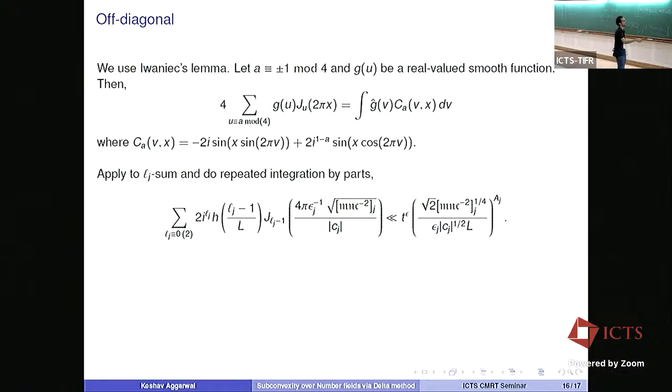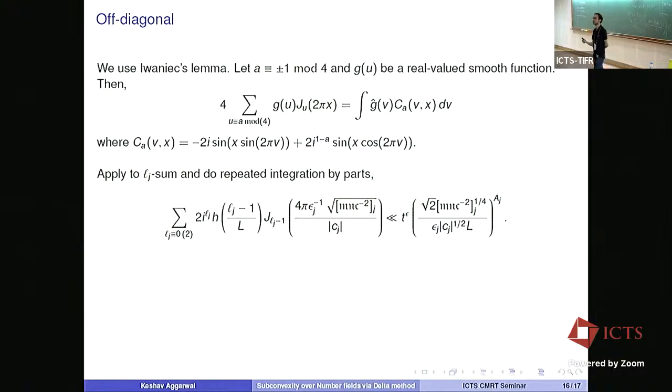And now what is this bound like? Well, the bound is this particular argument sitting right over here, divided by this particular length and to whatever power. So you take the square root of this particular entry in the J-Bessel function, and you divide by the length that you are summing over.